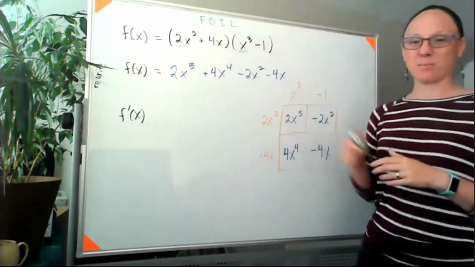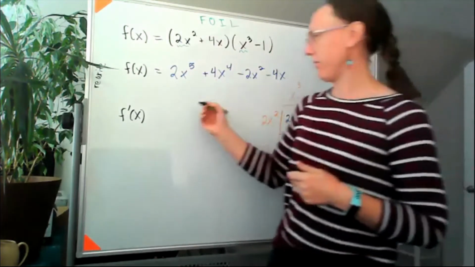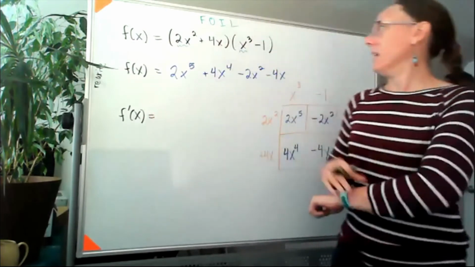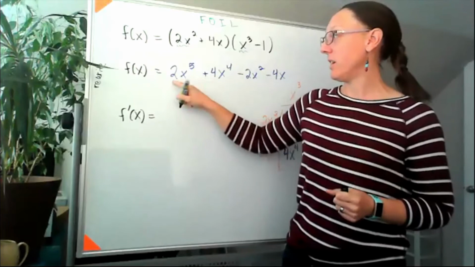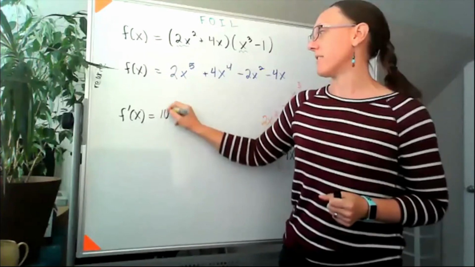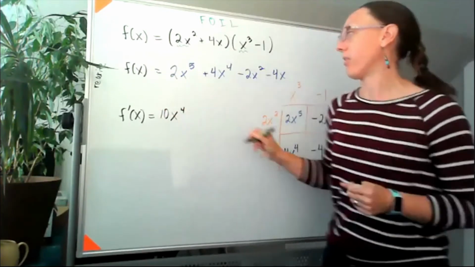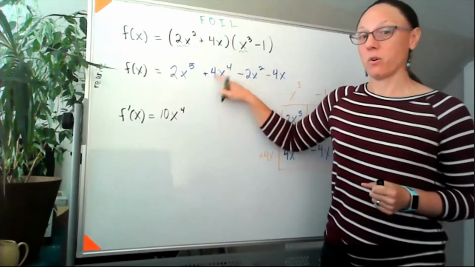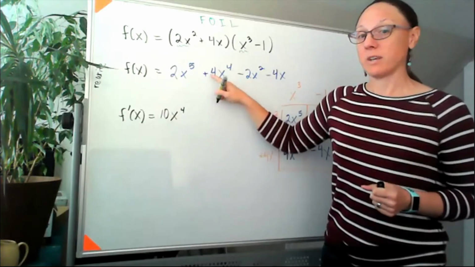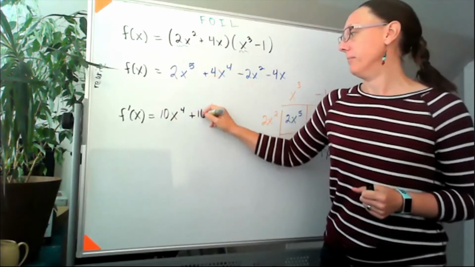But now that it is multiplied out, we're going to take the derivative. So the derivative of 2x to the 5th: 2 times 5, so I'd have 10x to the 4th. For 4x to the 4th, I take that 4 and multiply down in front. 4 times 4 is 16.